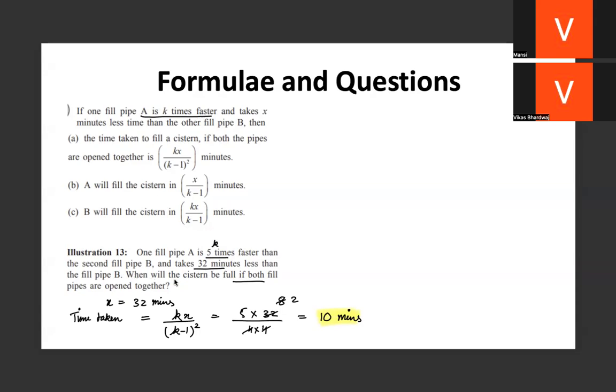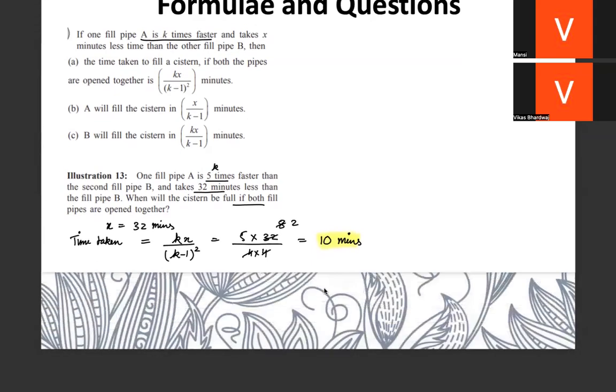And when will the cistern be full if both the fill pipes have been opened together? So X is 32 minutes, K is 5. We just have to put the values in this formula, stated over here. We have to rightly identify which formula would be used, otherwise, obviously, calculations will go wrong. So it would be 10 minutes if both the pipes are working together.